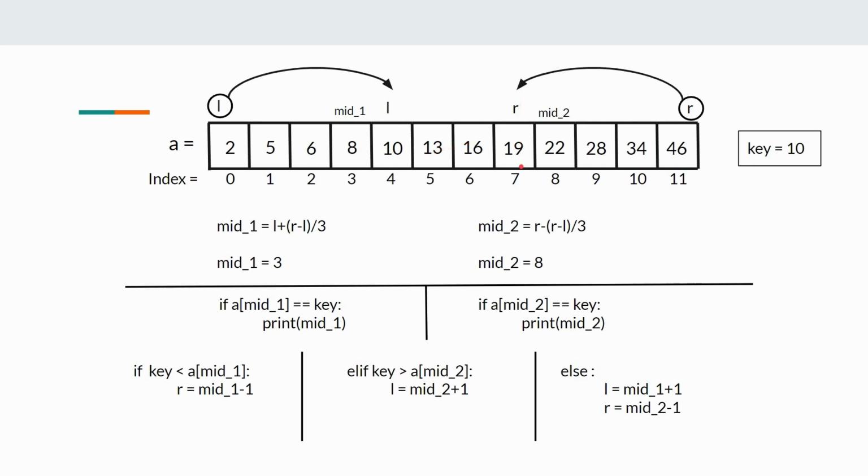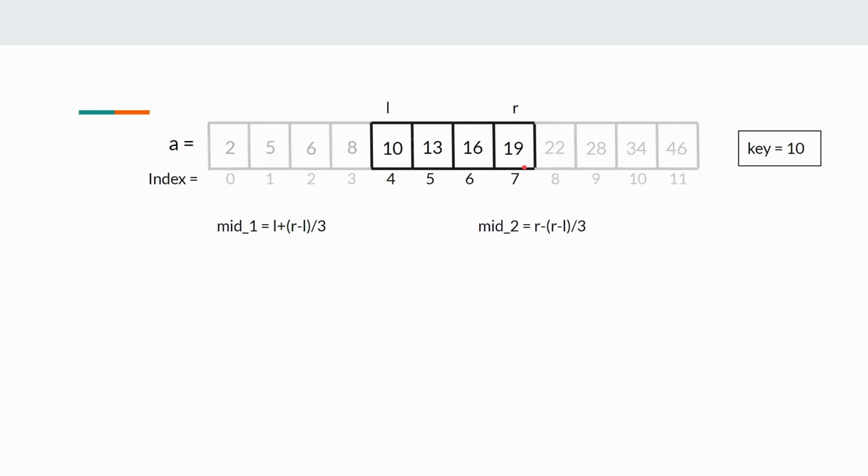So for the next recursion or loop, it depends on how you are coding this ternary search code. If you are doing a recursive code, then for your next recursion, if you're doing a loop, then for your next loop, your array is reduced down to this much.